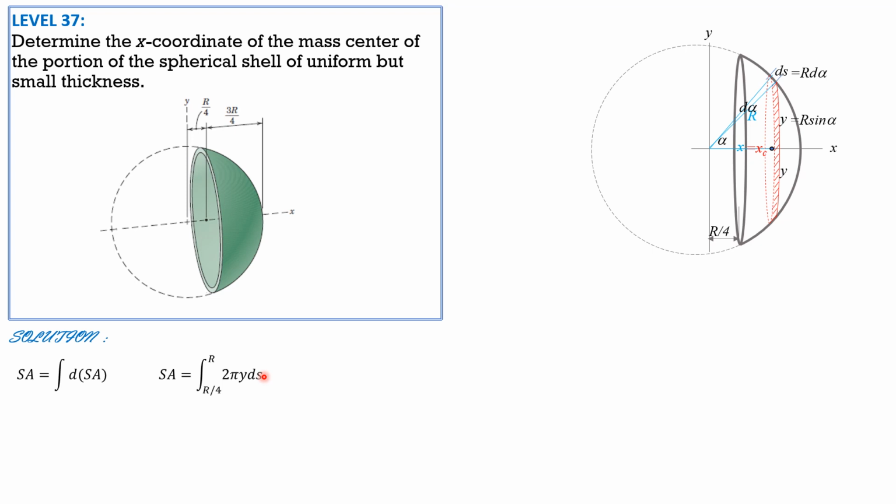So from Pappus-Guldinus's proposition, although it's not yet introduced, this is supposedly the surface area, length of path times the total length of the curve, which is 2 pi, or circumference 2 pi times y. So remember this expression from integral calculus.